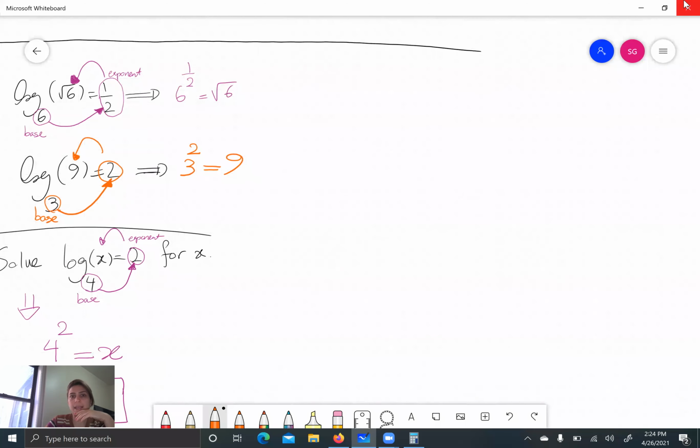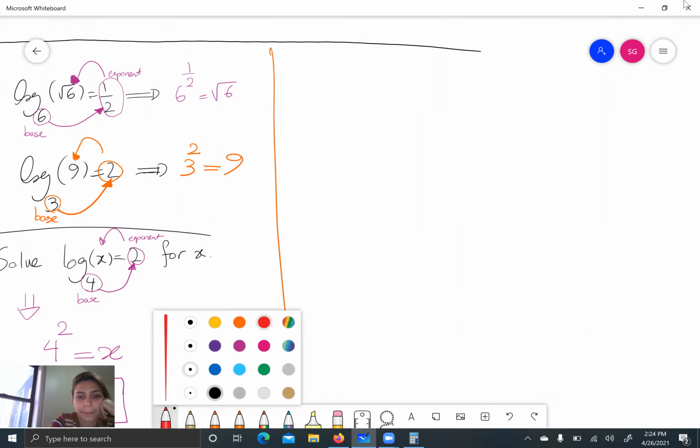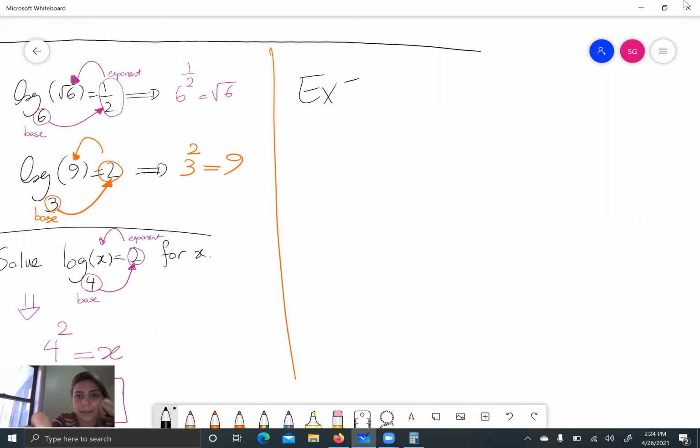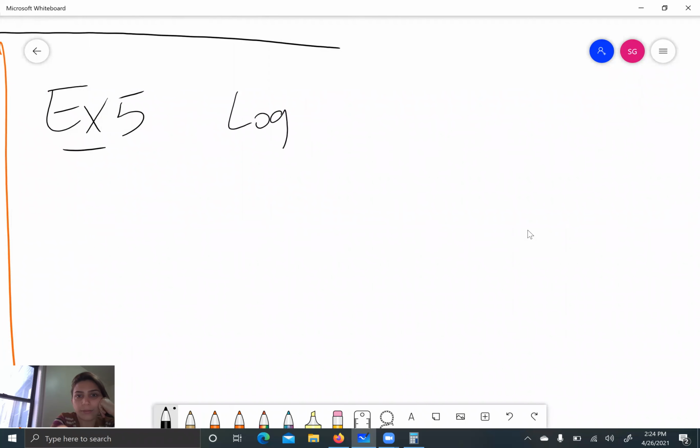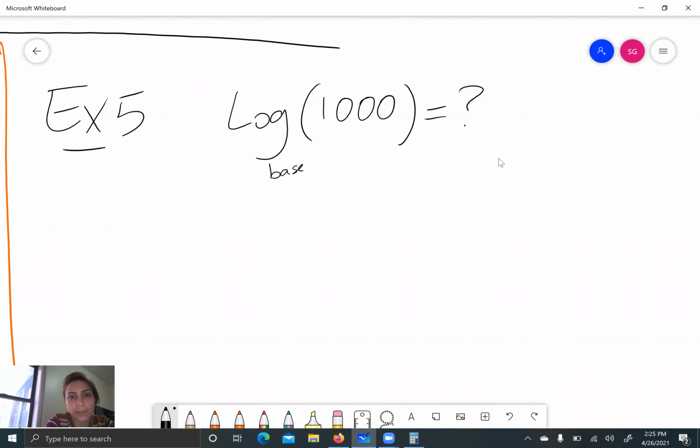The question says calculate log of 1,000. So you may ask, what is the base? I don't see a number. When you don't see a number, that means the base is 10.